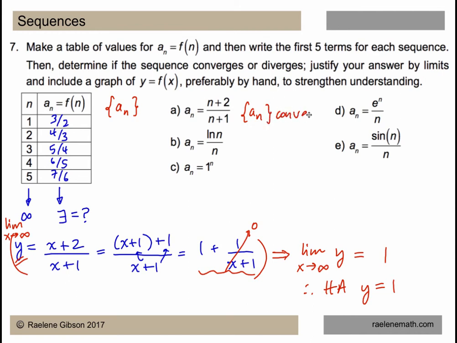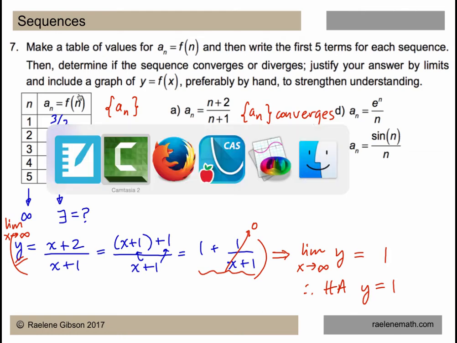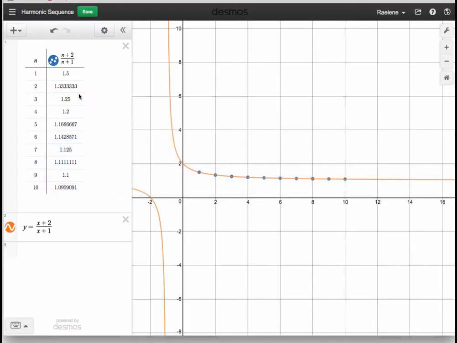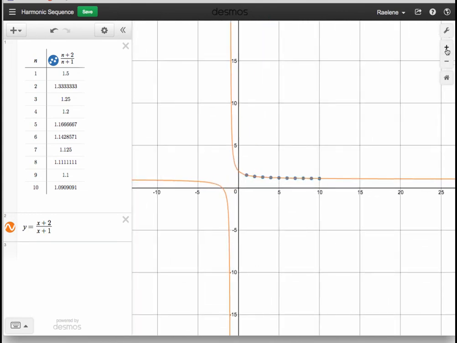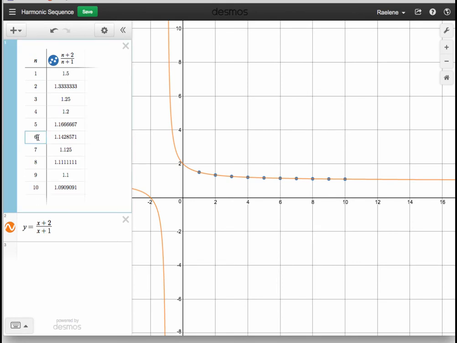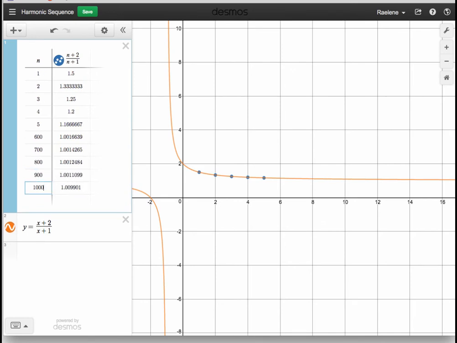Let's use Desmos to explore the graph of both the function and the sequence, as well as the table of values to confirm numerically and graphically that this sequence actually does converge. So we have the sequence here, (n plus 2) over (n plus 1), and the function (x plus 2) over (x plus 1). If we zoom out, we see a horizontal asymptote. And if we make more values here, big values for the n, we can start to see the output a_n values getting closer and closer and closer to 1.